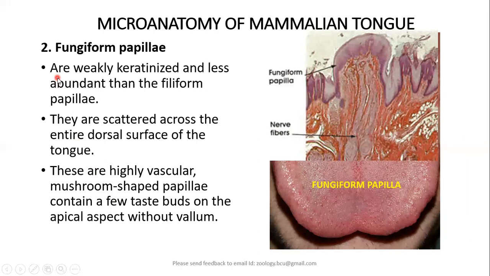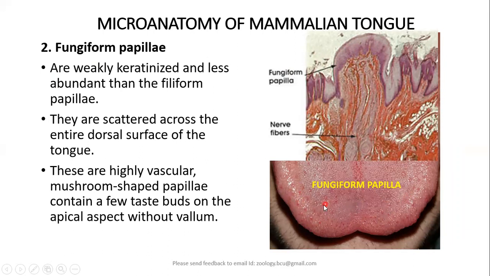The second important type of papillae are called fungiform papillae. As we see here, these papillae are less keratinized. They're not covered by dead epithelial cells. That's why you can see here the red dot-like structures.